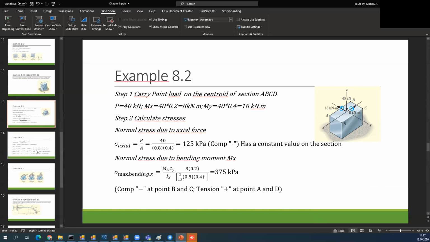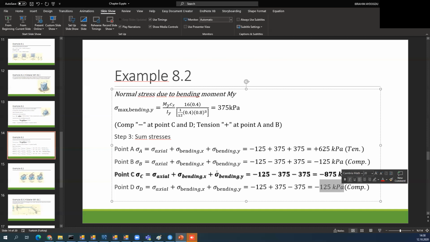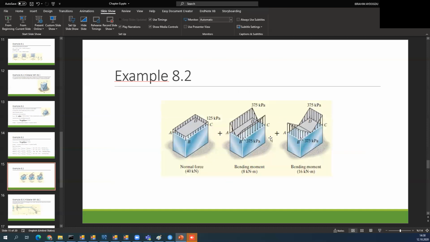Also, we have a compression side, and we obtain minus 775 kilopascal. Point D is the reverse of point B, and axial force is same, but for bending X, tension normal stress occurs. For bending Y, the compression stresses occur. Values are the same because this term disappears. So we obtain minus 125 kilopascal.